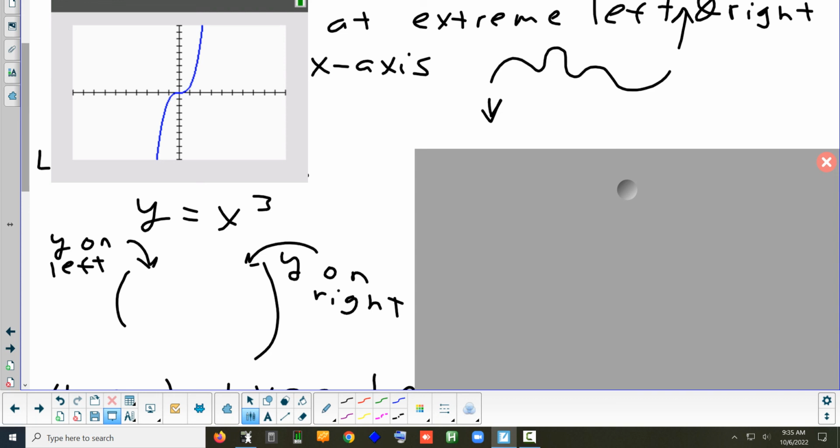They're decreasing. So on the left-hand side, the y values are going down. How about on the right-hand side? They're going up. So that's one way you could see end behavior described. It kind of looks like a coordinate, but you put arrows inside it.